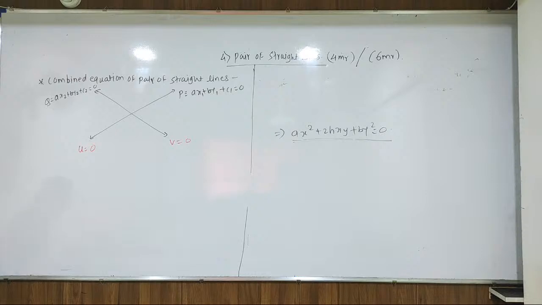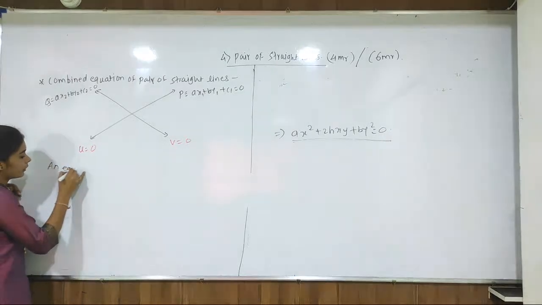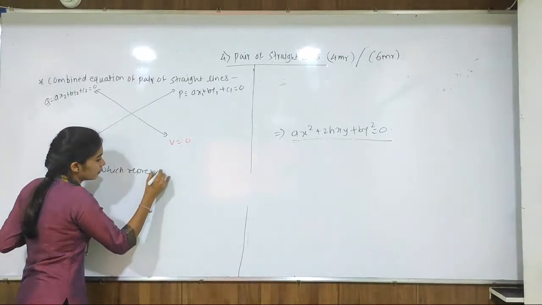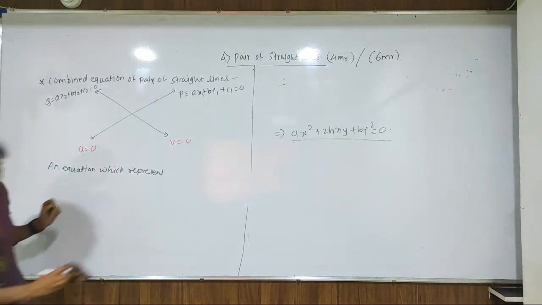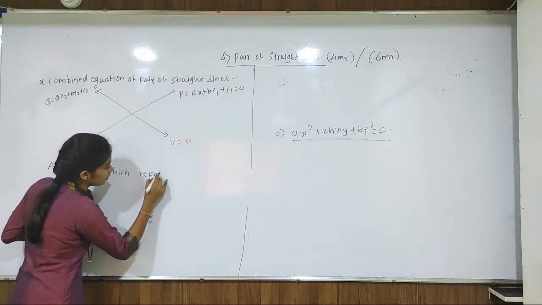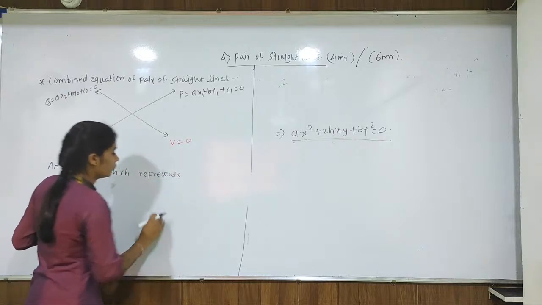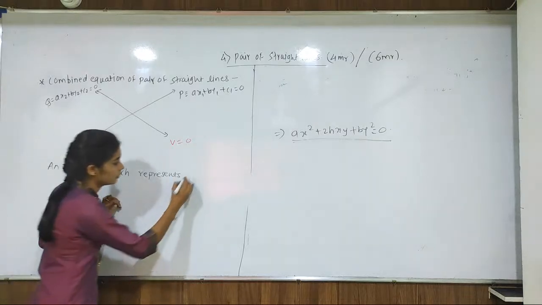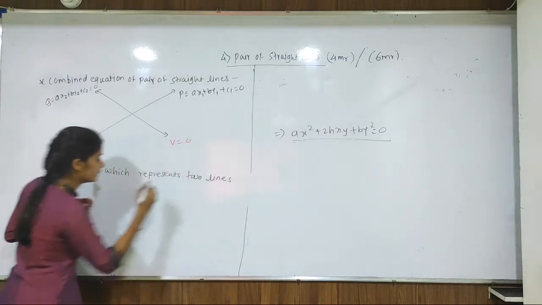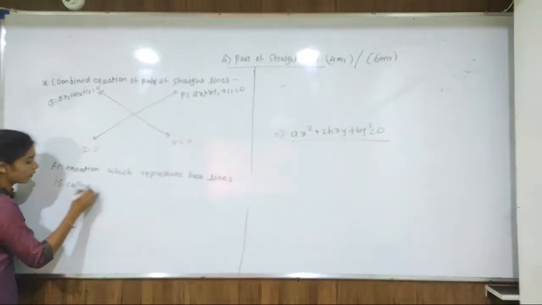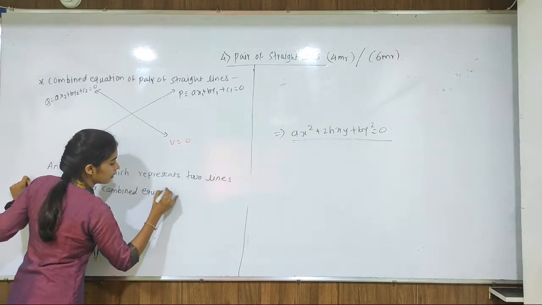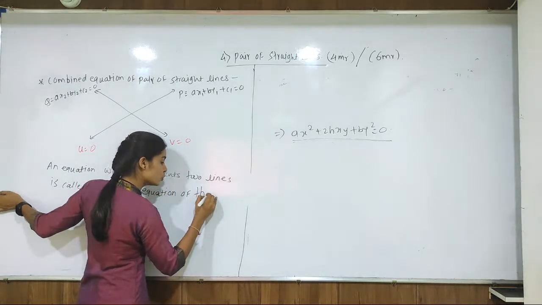Okay, so write down: an equation which represents two lines is called a combined equation of those two lines.